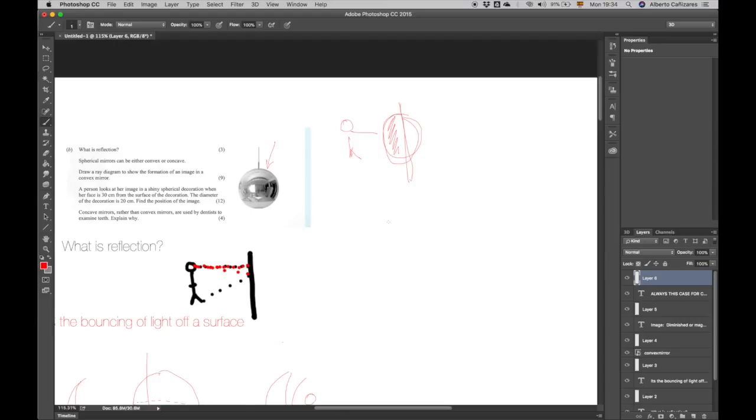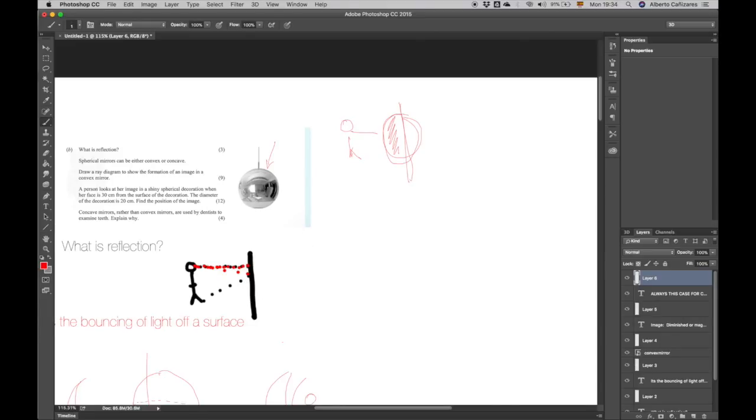Now, what's the next good bit of information they're giving us? A person looks at her image in a shiny spherical decoration when her face is 30 centimeters from the surface of the decoration. This seems like a good piece of information. I wouldn't recommend writing all of this, because that would be a waste of time.